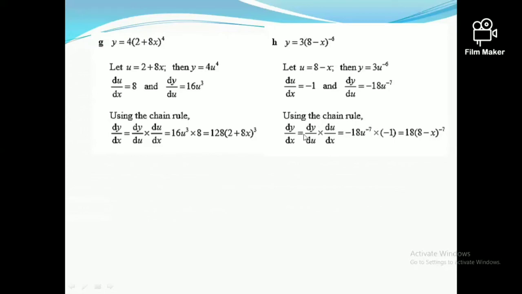From the chain rule, you can write dy by dx is equal to dy by du into du by dx. Sorry, dy by du is how much, children? This bit. And du by dx is this bit. Then minus 18 into minus 1 is 18 u to the power minus 7. What is u? u is 8 minus x to the power minus 7. If you want, you can write this is 18 divided by (8 minus x) to the power 7. If you want, you can write it, but this one also fine, right?